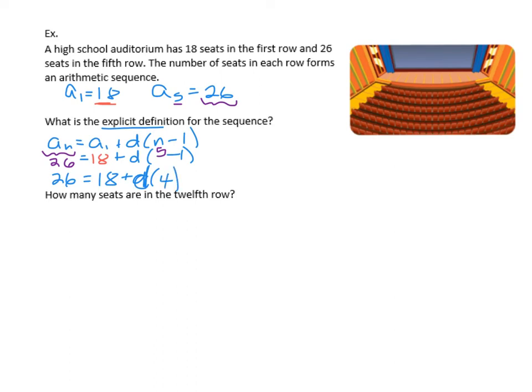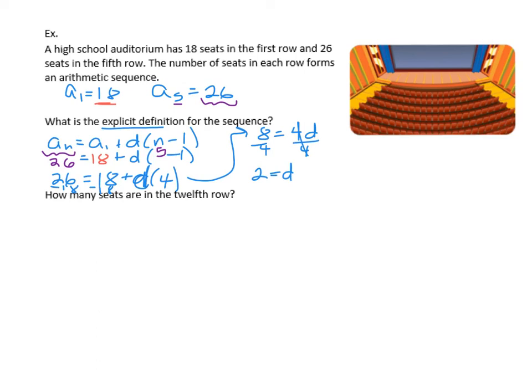So I'm going to subtract 18 to move that to the other side. And we get 26 minus 18, which is 8, equals 4 times d. To get d by itself, divide both sides by 4. That means the common difference is 2. Each row of chairs in the auditorium has 2 more than the row before it.